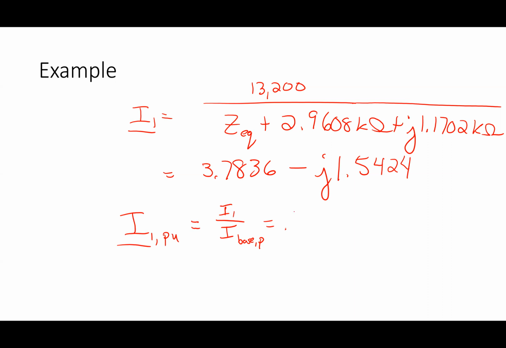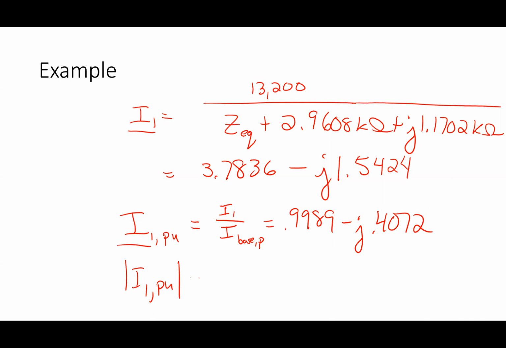All right, this is going to end up being 0.9989 minus J times 0.4072. Right, what that tells me is that this is basically pulling 99% of its rated current. Okay, right, and the way I could see that is if I took the magnitude of I1 per unit. Now I'm jumping ahead, it seems weird.